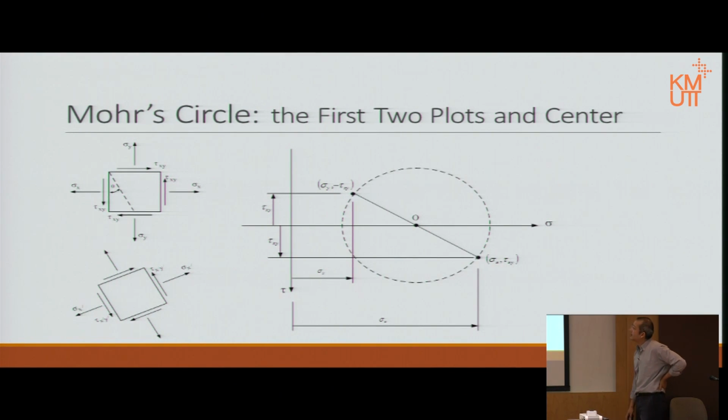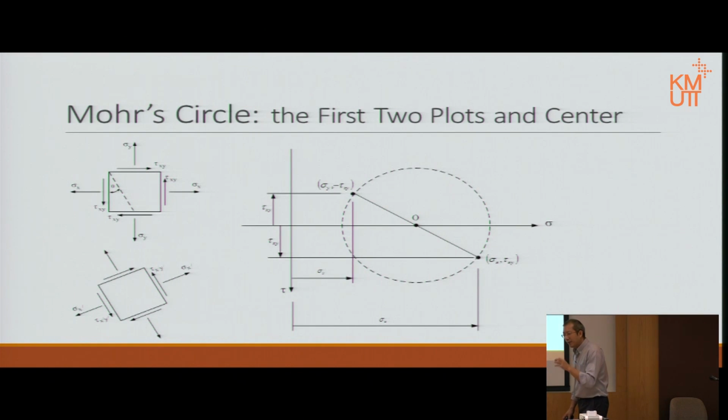If we draw a line, then notice, because we said these two points are on a circle, if we draw a line connecting them, then we have the diameter line, which means halfway is the center of the circle. Don't forget that the difference between this one and this one is 90 degrees.